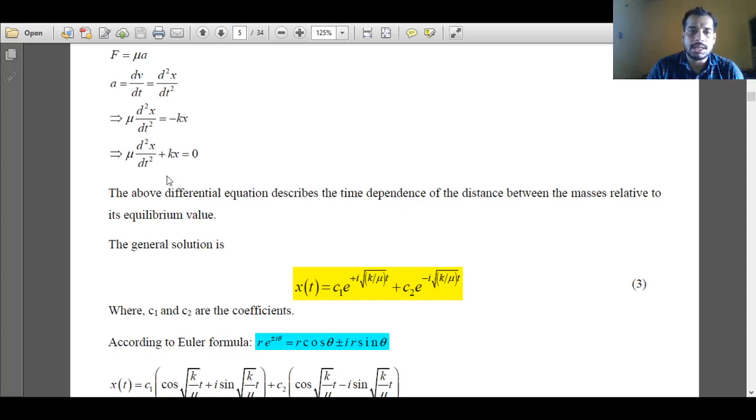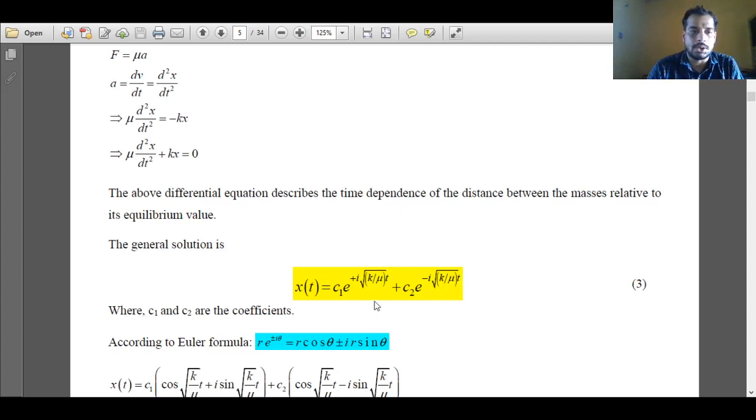So this is a differential equation, and the general solution of this equation is given in equation 3, which says that the amplitude of motion or vibration with respect to time, x(t), is equal to c1 e to the power i root over k over mu t, plus c2 e to the power minus i root over k over mu t.